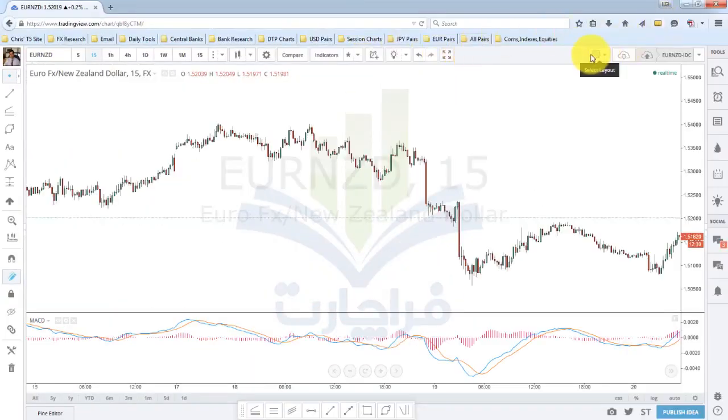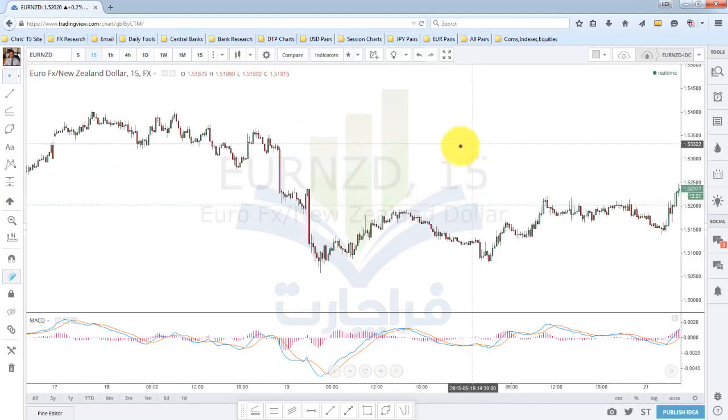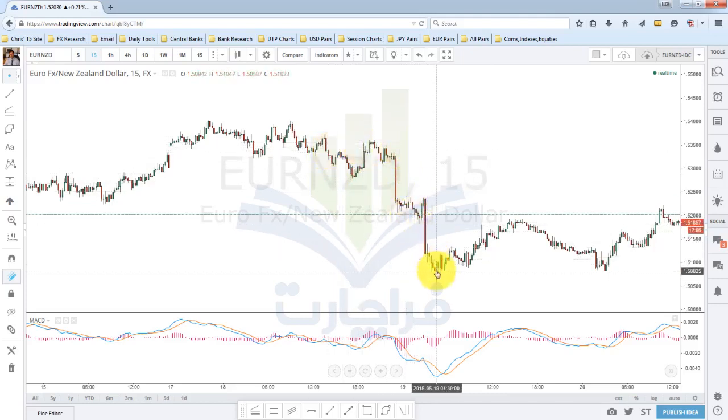I'm going to pull down, this is just a Euro New Zealand dollar chart. I'm just going to isolate this particular cycle right here. Okay, this cycle. And actually I'm really going to back out and look at this entire cycle right here, because this is what we call an extended cycle, and we'll show you that in a moment. And this is where we will project a more downside movement.